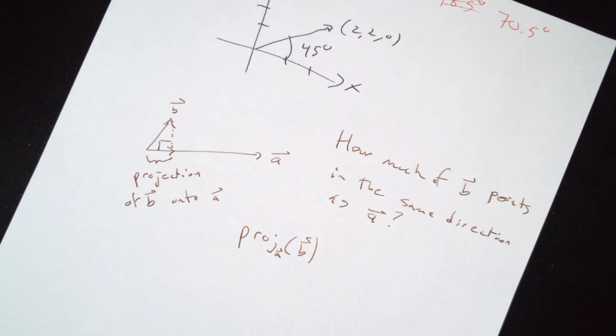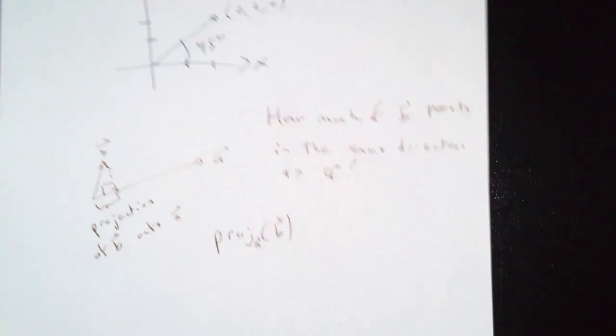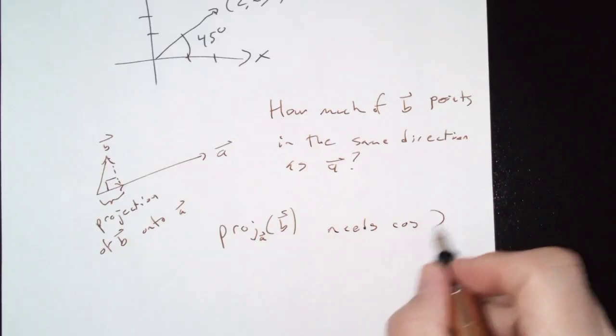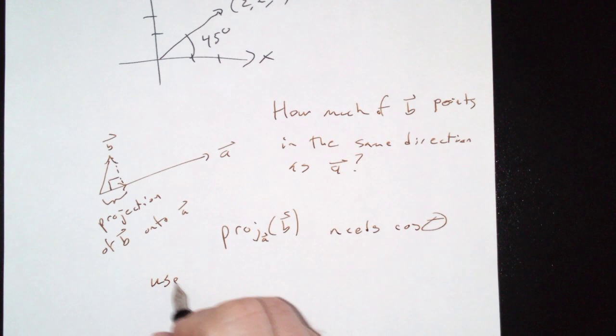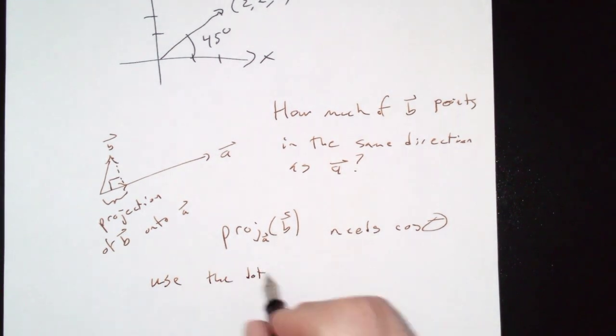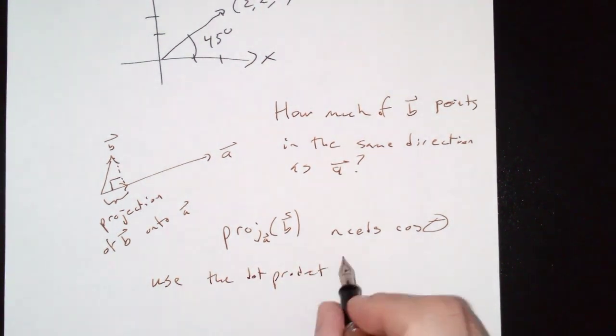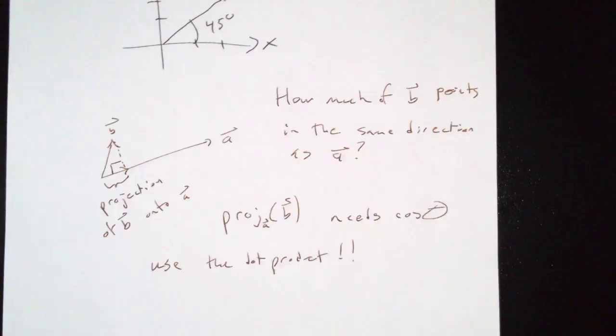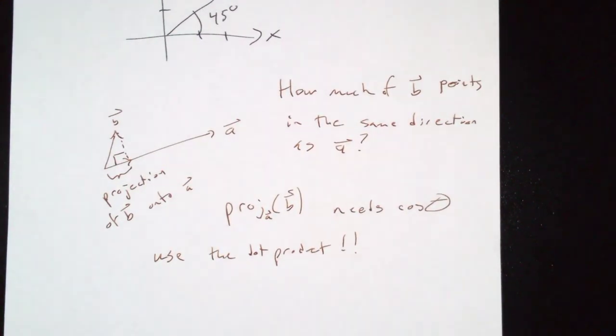Cosine. And didn't we get cosines from dot products? I'm going to need cosine of theta. So if I want the length of this piece, I'll use cosine of theta. And so the length will be the hypotenuse times cosine of theta.